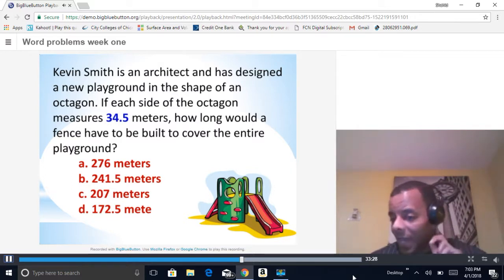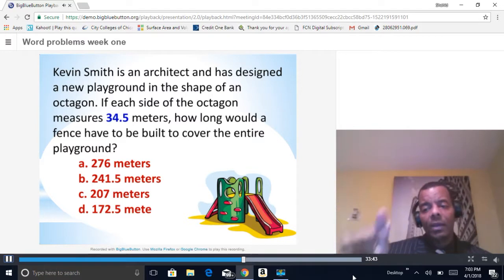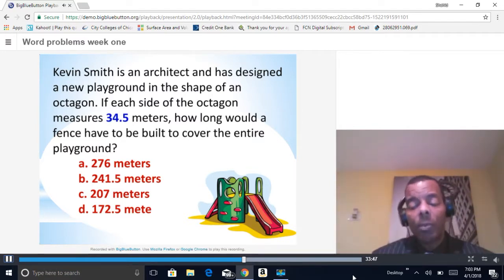And how many sides in an octagon? 8 sides. How long would a fence have to be built to cover the entire playground? So we're putting a fence around this octagon. Picture that, okay? 8 sides, each side 34.5 meters.